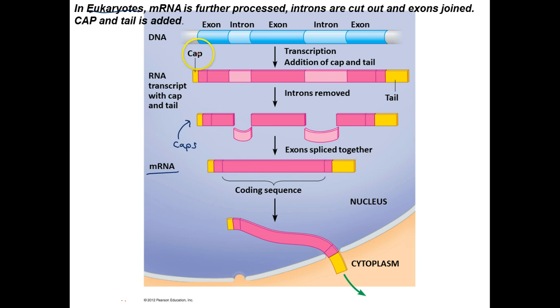You also have the caps here in yellow, which protect the mRNA from enzymes when it's in the cytoplasm. Once the introns are spliced out and the exons are joined together, all done by enzymes, you have your final mRNA transcript, which will leave through the nuclear pores into the cytoplasm and to a ribosome.